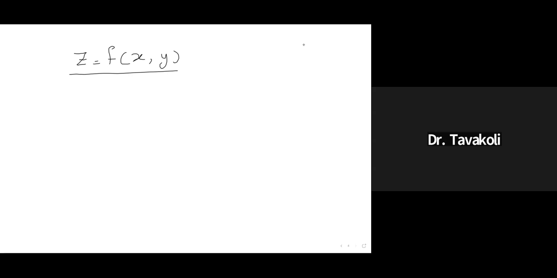So before writing the definition, let me let you know what notation we use for showing the partial derivative with respect to x or y. So if the function is denoted by f of x and y, one notation, and that's not the only notation, is if on the right lower side of f as an index, I put x. This means the derivative with respect to x, the partial derivative with respect to x.